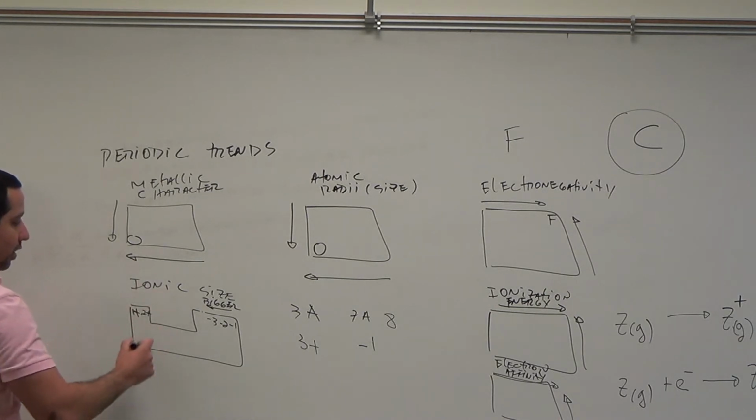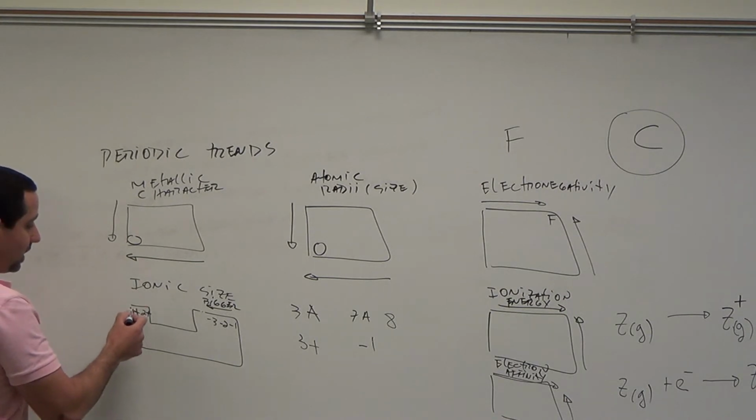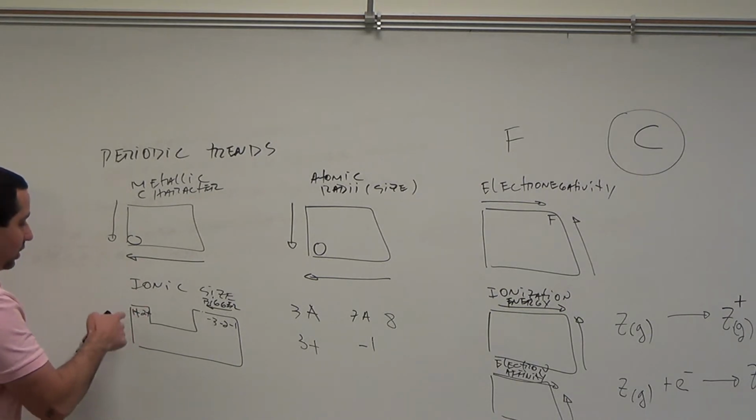Now, as you go down a group, what happens to the elements? Do they get bigger or smaller? Bigger. Because as you go down, they have more and more electrons, so they get bigger, okay? So when they get bigger, even if you lose one, this one here has to be smaller than this one here.